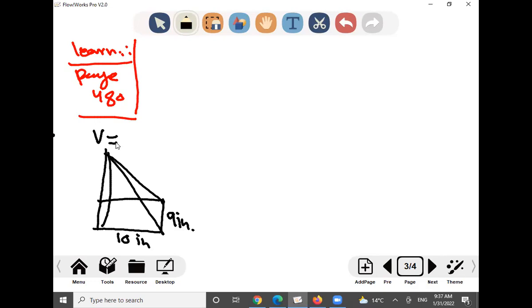The volume is given, not wanted like the previous examples. Volume equals 180 cubic inches, right? And here they want me to find the height. So the height is missing. What do we call the height? Missing dimension.